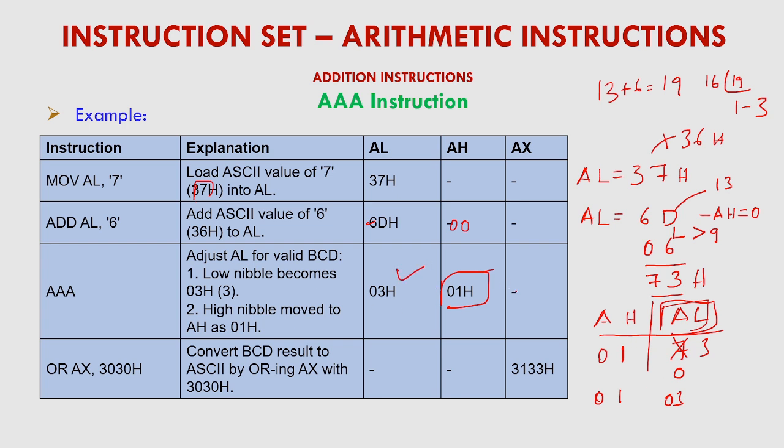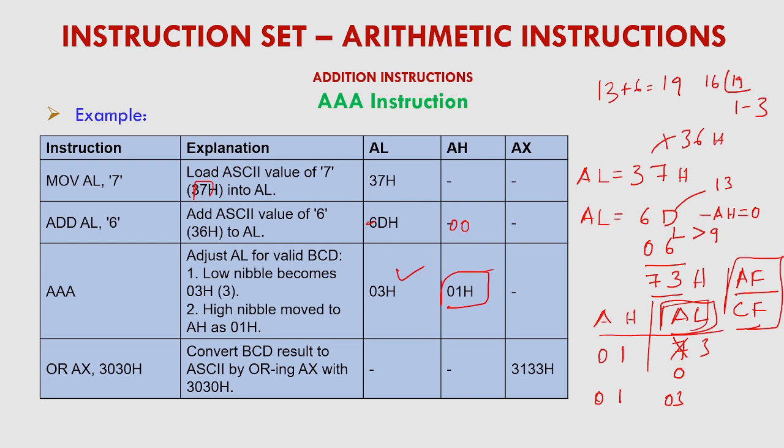Okay, so this is a condition you want to understand. Which flags will be updated? Your auxiliary flag and carry flag will be updated. Both flags will be updated. Okay, the auxiliary carry will be updated because of the carry out of the lower nibble. Your carry flag also will be updated because it requires the adjustment of adding 6.